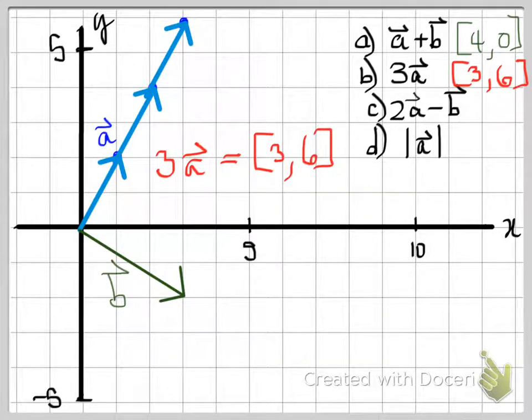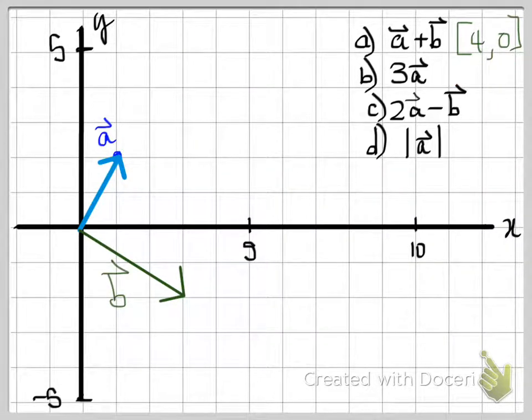Alright, let's go back to our original vectors A and B to be able to calculate the next one. Here it is, and just to recap, for 3 vector A we got the components 3, 6. Alright, now we need to do 2 vector A minus B.